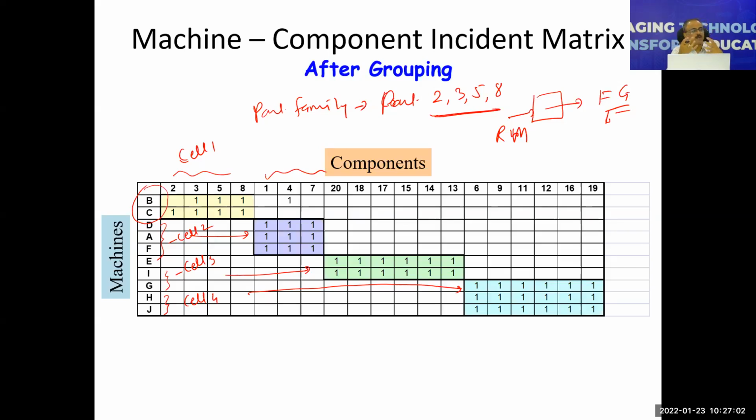All those operations are grouped, and we create a shop. Similarly, within a particular shop itself, depending on the number of products processed, if we can identify certain similarity between those components, based on that characteristic we can form a part family. And based on that part family, we can form a cell.